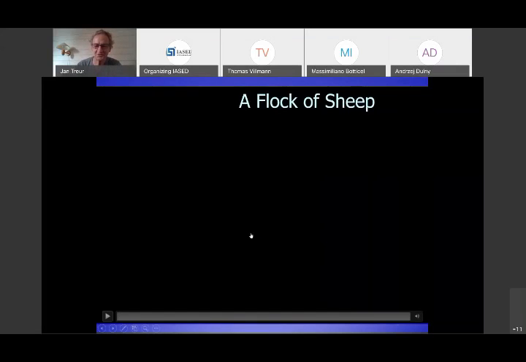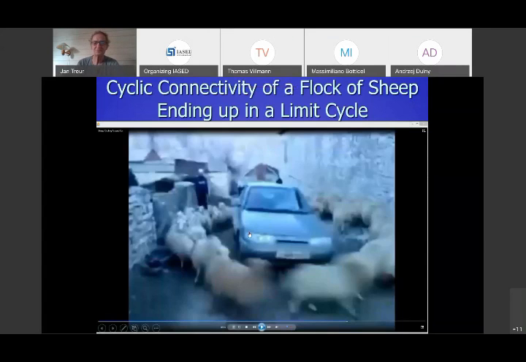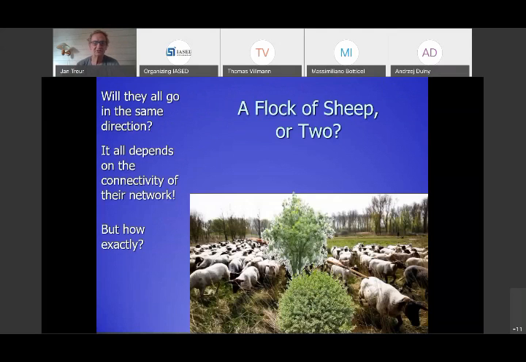So this is not the type of network with one influencer, but there is just a cyclic structure. And this is just a cyclic network, and the behavior that comes out seems to be a kind of limit cycle behavior. So it's also possible to model that as a network, a different form of network. And this is still another one.